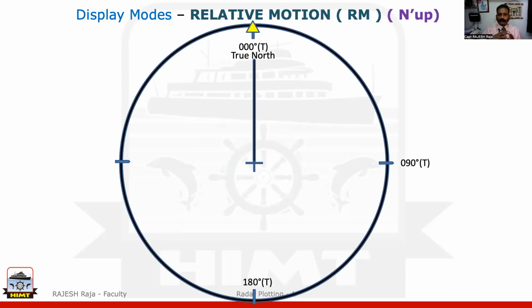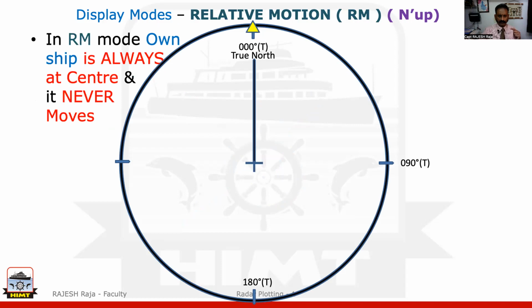Now, I'm going to show you a little bit more on relative motion and north up. We have already seen what north up is in the previous slide. Now let us look at what relative motion is. The word relative motion is very similar to something we did in the wind triangle. There also, please remember, we had something called the apparent wind, which is a relative.